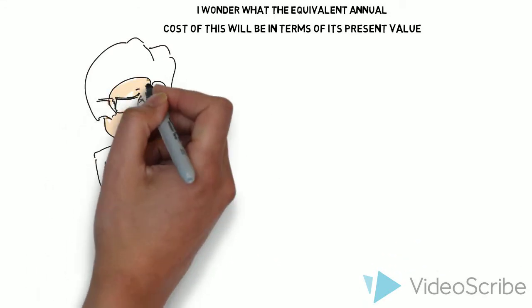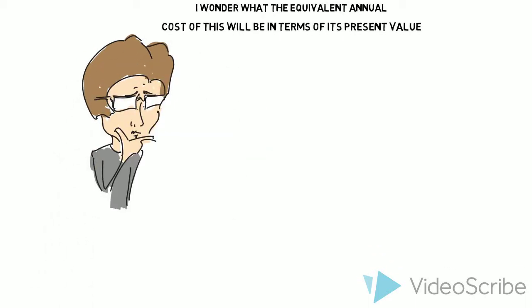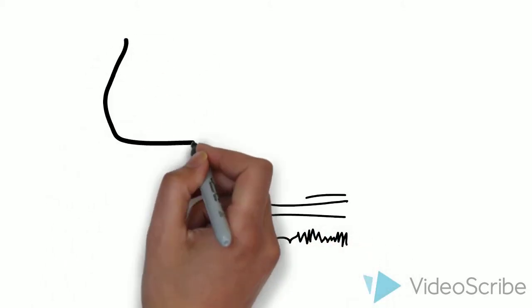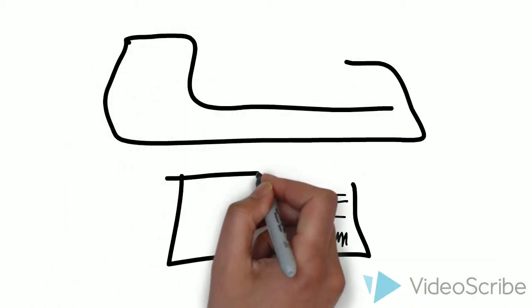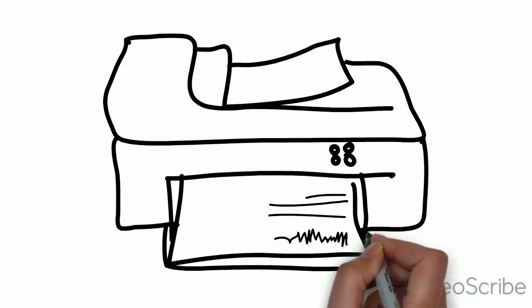Okay, so for this example, let's say maybe you own a small business and you need to buy a printer. And so you buy this printer for an initial cost of $900.